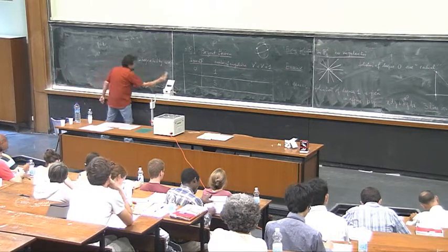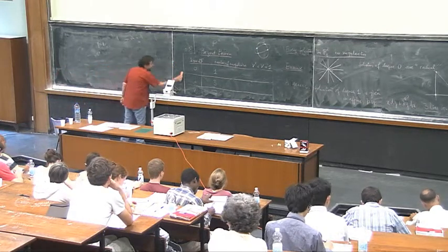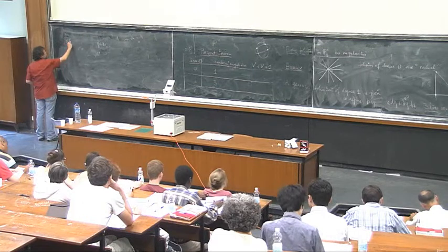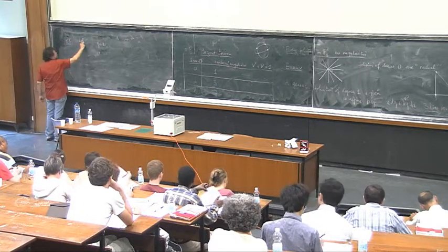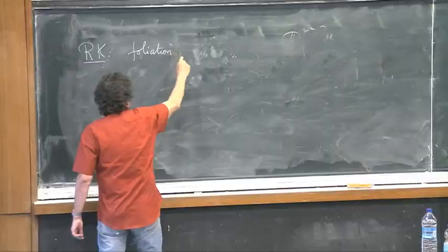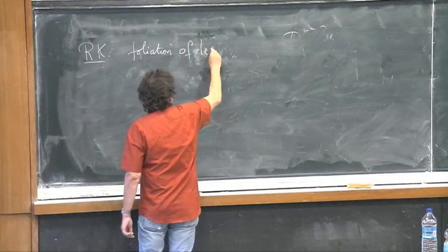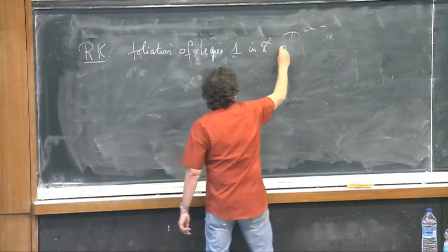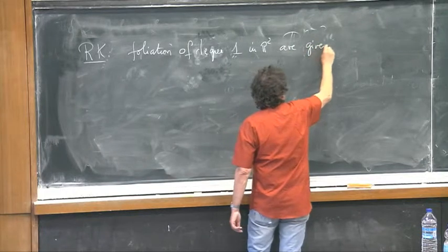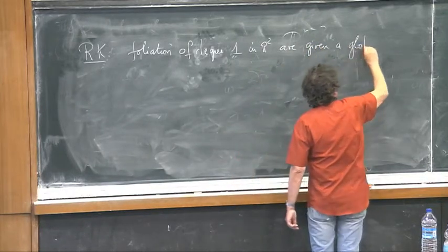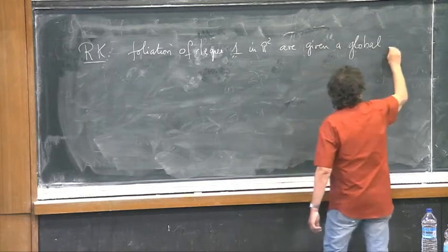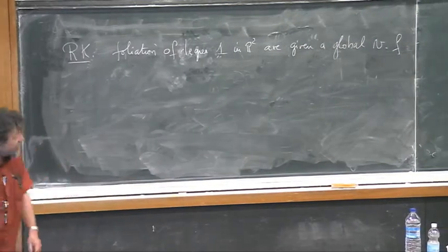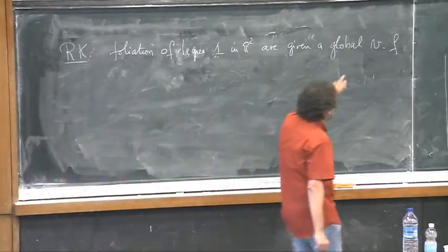In degree 2, maybe a remark. Foliations of degree 1 in P2 are given by a global vector field. So the leaves are the trajectories of a linear vector field. They are complete.